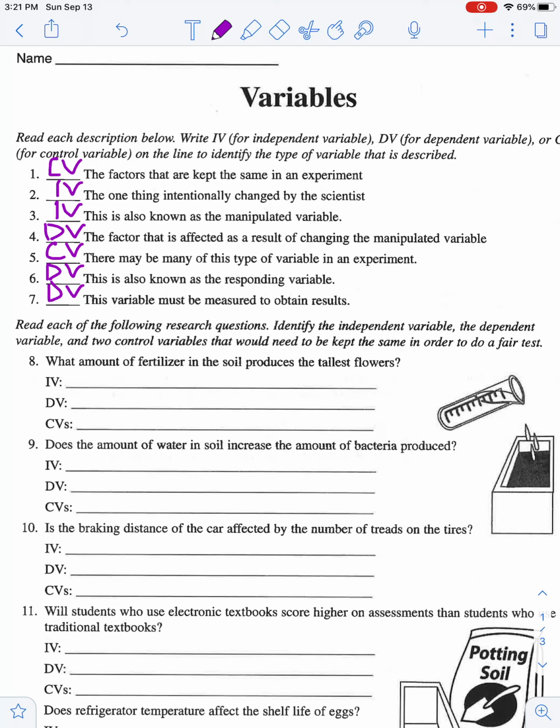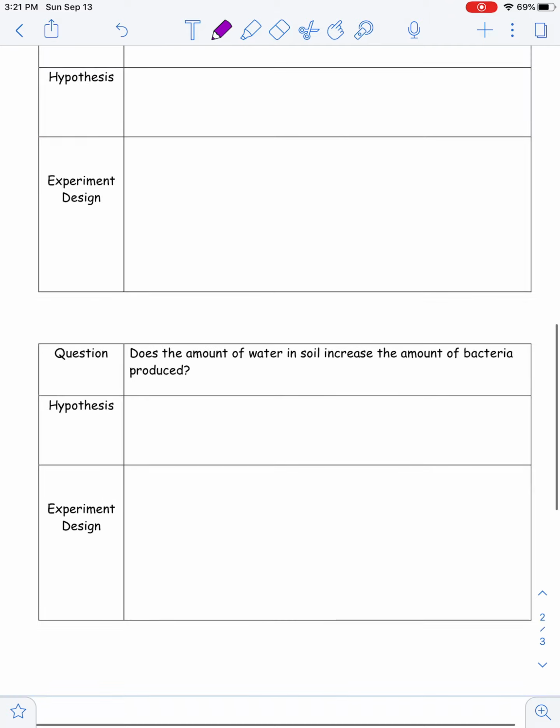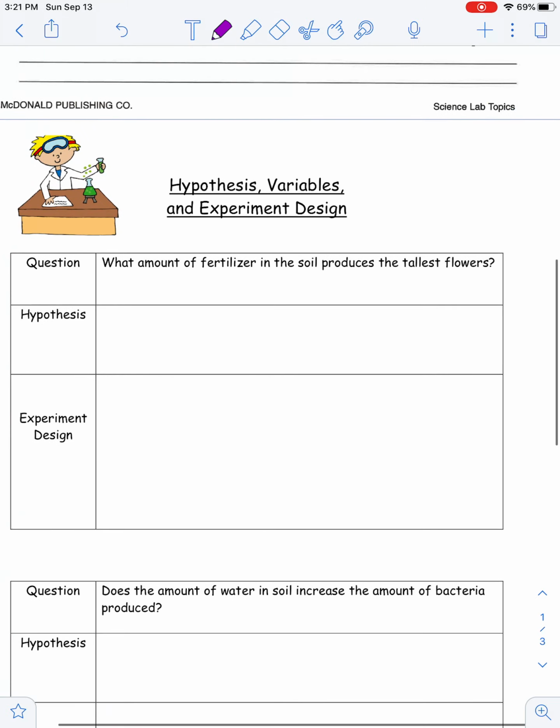Okay, so what this particular paper looks like is we will look at the question and identify the independent, dependent, and control variables. And if we go and look here, we're going to take two of those questions, then develop a hypothesis and design an experiment.